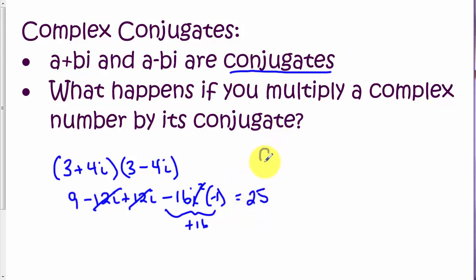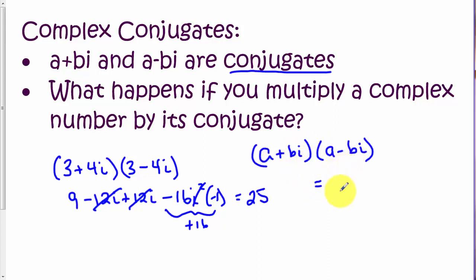So if we just do it in symbolic terms, we have a factored pattern of a difference of two squares.